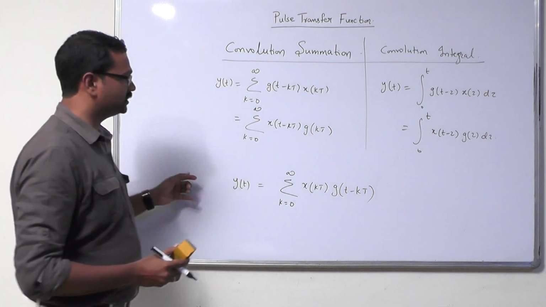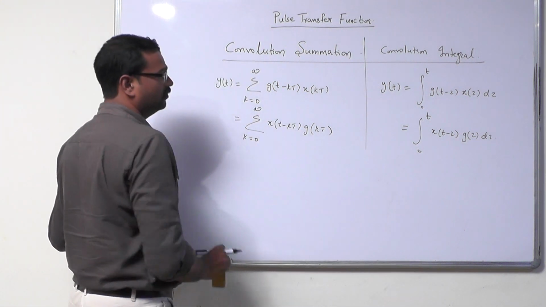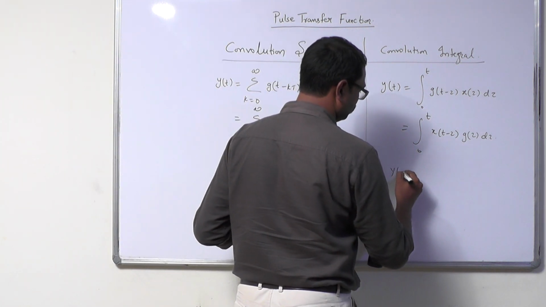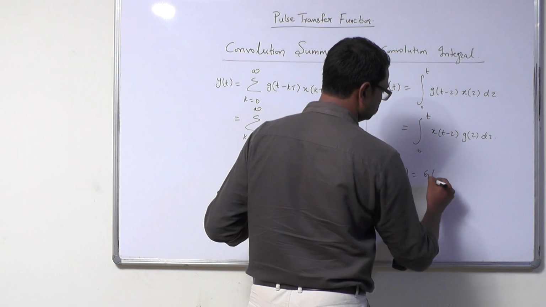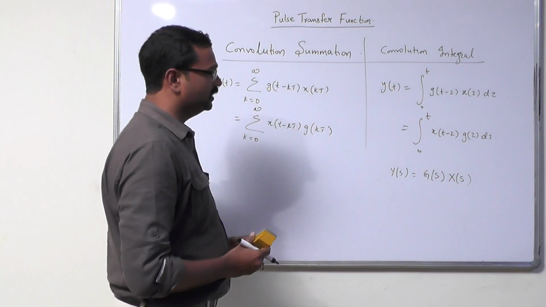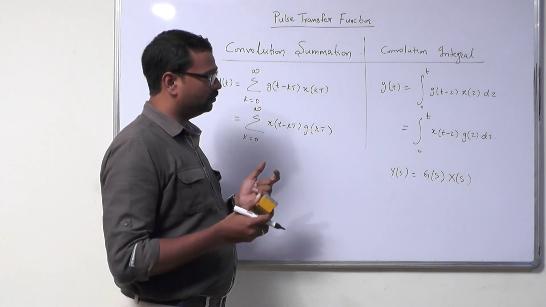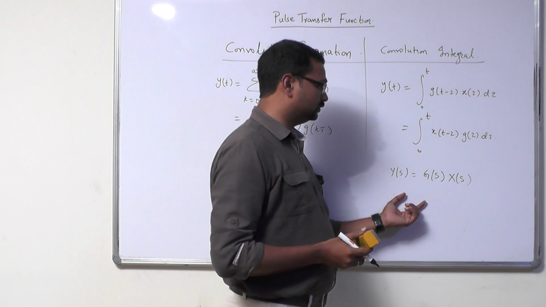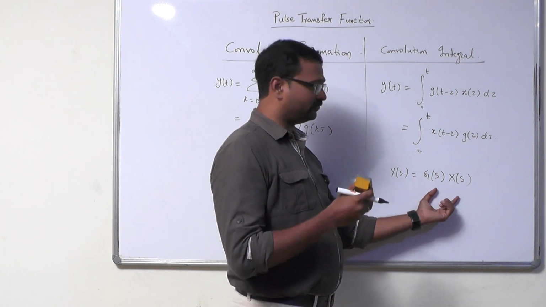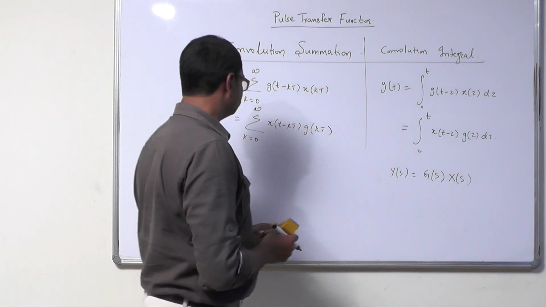Now you are having these relationships. When you are having this, you can just see what is convolution integral. You can say that you are having y of s is equal to g of s into x of s. This is convolution integral for us. Any two time domain signals, when you are trying to convolve, you can directly take the product of those two signals in the frequency domain, using Laplace transformations.